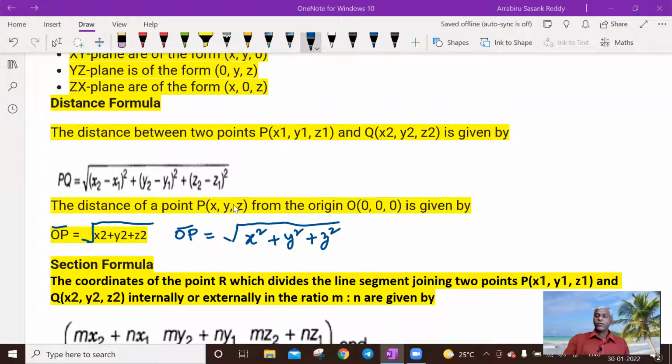So how do you remember this formula? This is similar to the formulae in the 2-dimensional coordinate system. Almost all formulae will be the same, only with an extension of the z coordinate.